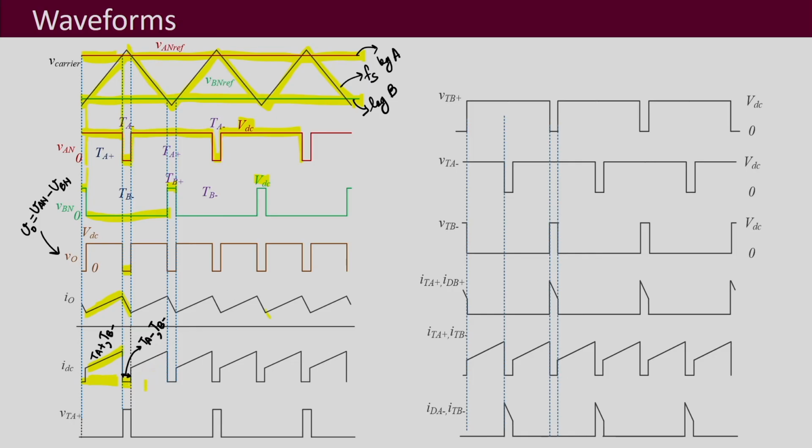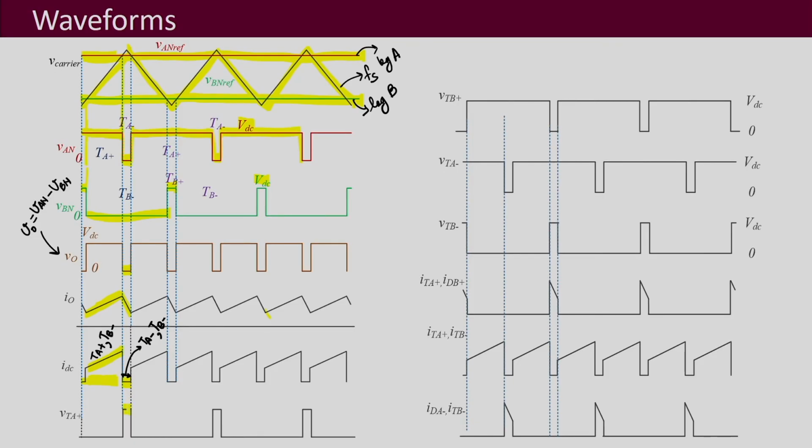Then we can look into the switch voltages. Whenever the switch is on, the switch voltage is 0, otherwise whenever it is off, it is blocking the DC bus voltage VDC, and that is what we see here for VTA plus.